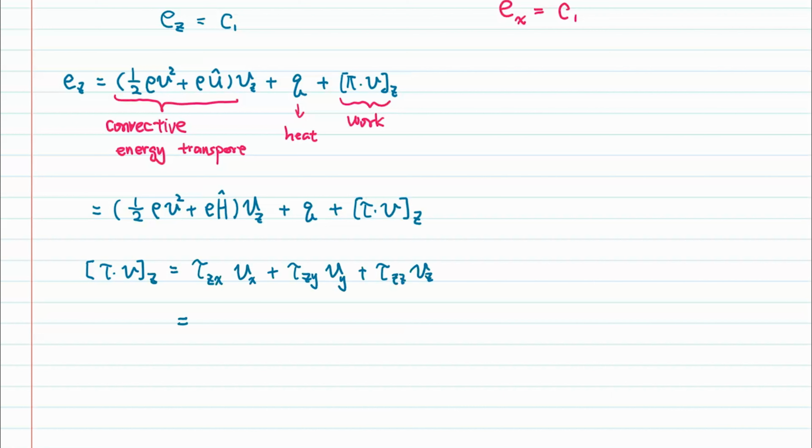And that equals to what? Basically, if we analyze this, there's no velocity in the x and y component, so we're left with the last term here, and that equals negative viscosity times partial vz partial x plus partial vx partial z, times vz.